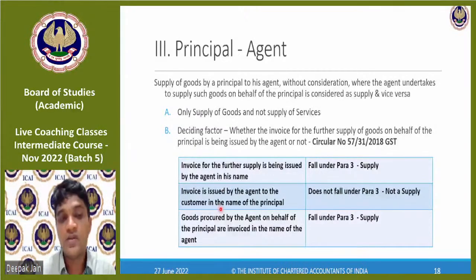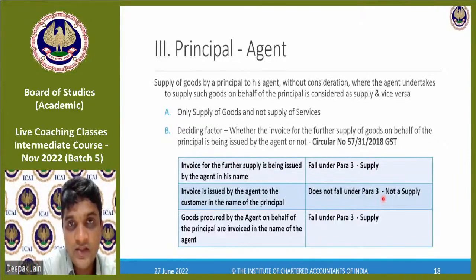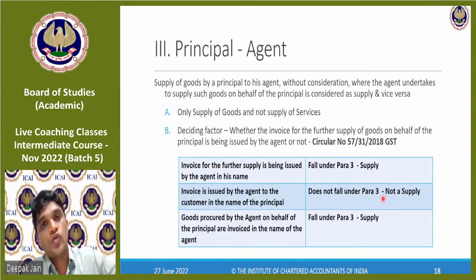Take the flip view, then we'll read through again. If the invoice is issued by the agent to the customer in the name of the principal, then it will not fall under para 3, not a supply. So take an example: Rahul Stores is the principal's name. Rahul Stores is supplying to Arun, who is an agent.